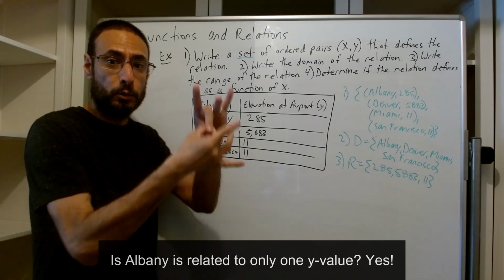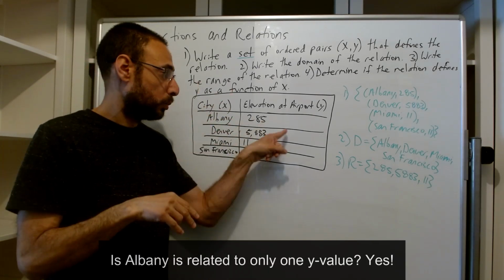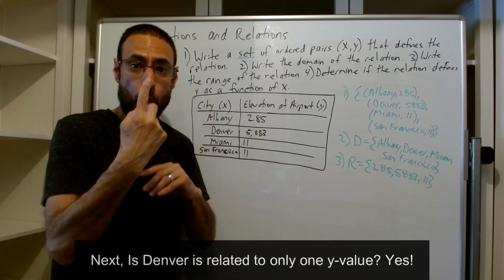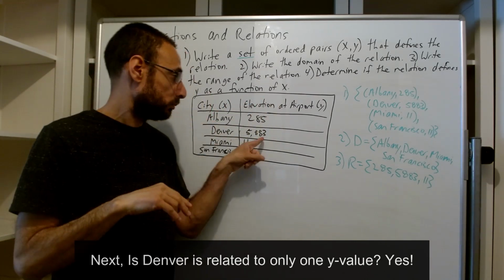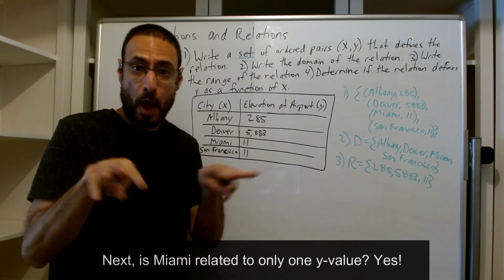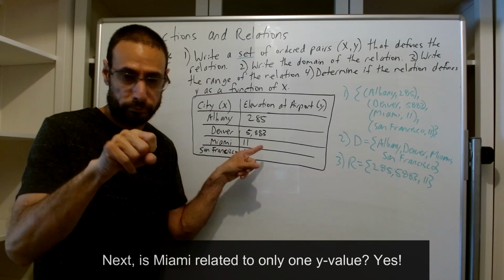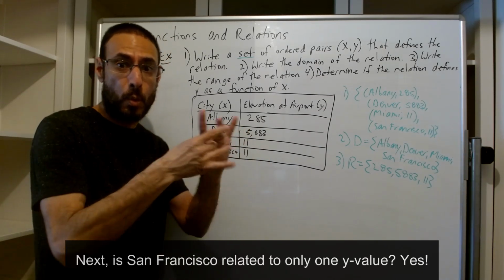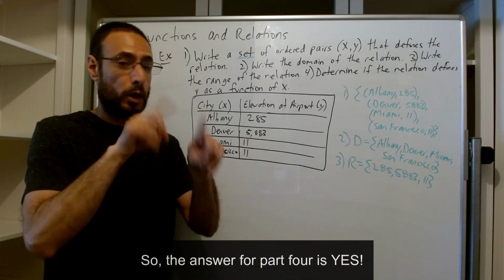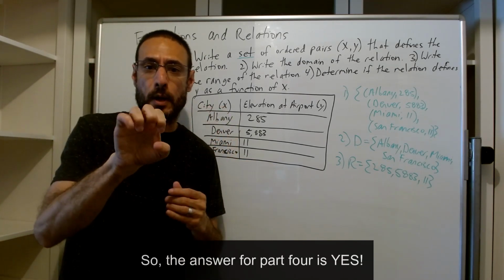Is Albany related to only one y value? Yes. Next, is Denver related to only one y value? Yes. Next, is Miami related to only one y value? Yes. Next, is San Francisco related to only one y value? Yes. So, the answer for part 4 is yes.